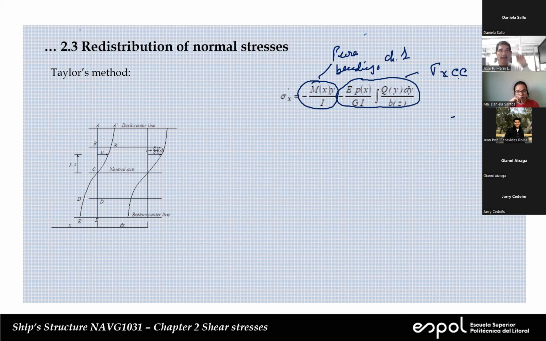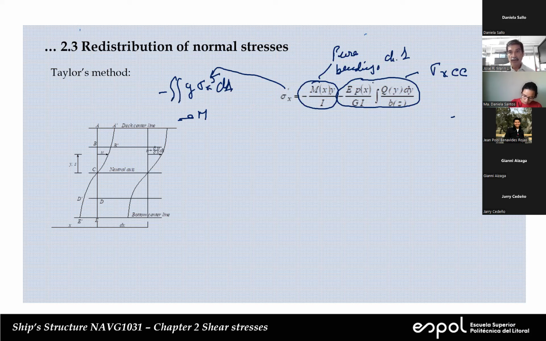Okay, right now, if you integrate this, minus y sigma x in general, dA, you put this into here. If you integrate the first expression, you get moment.